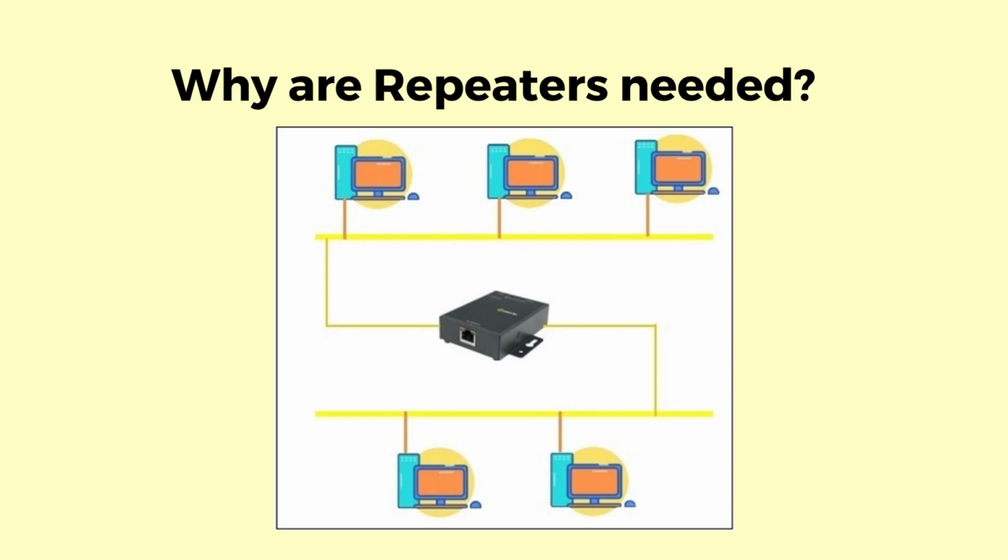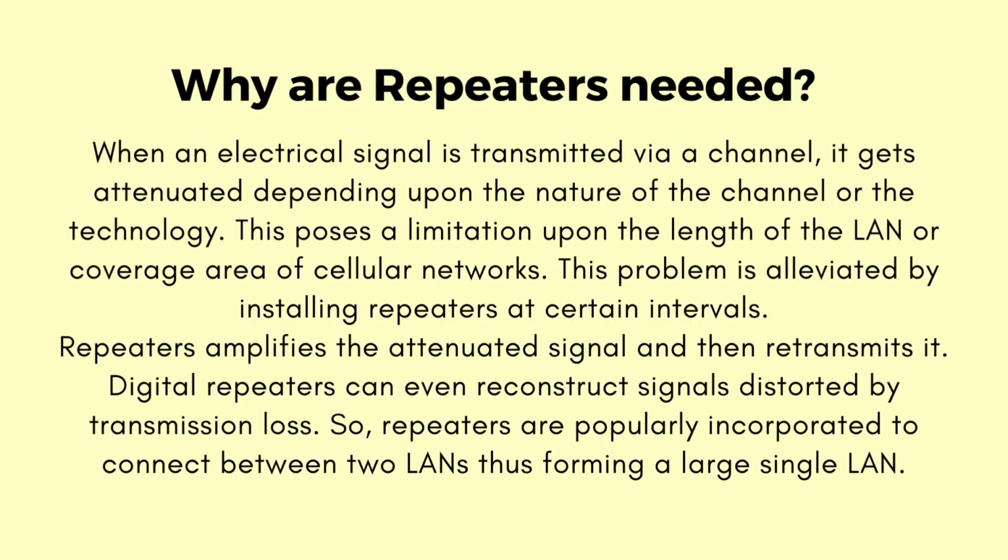When an electrical signal is transmitted via a channel, it gets attenuated depending upon the nature of the channel or the technology. This poses a limitation upon the length of the LAN or coverage area of cellular networks. This problem is alleviated by installing repeaters at certain intervals.